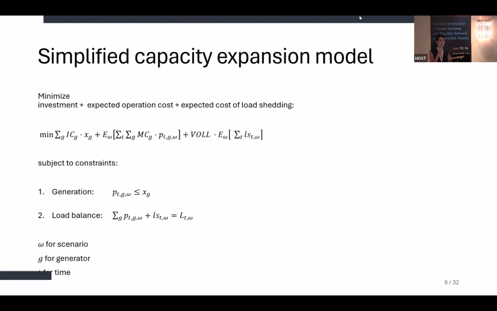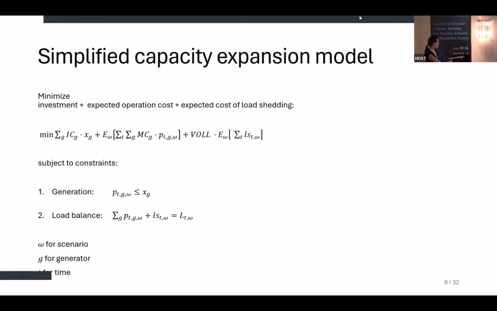I'm actually going to be using a very simplified, minimal number of equations. So you can view this as a minimum, let's say, EVA. What we have is that we're minimizing investment and expected operation cost and expected cost of load shedding, priced at VOLL in this particular example, subject to power generation constraints and load balance constraints.